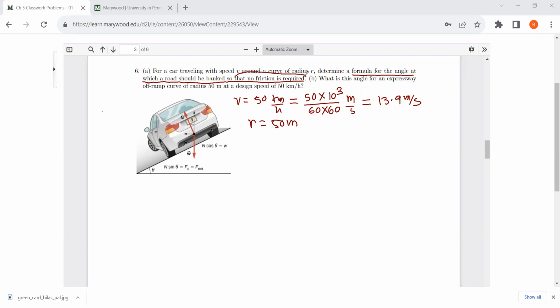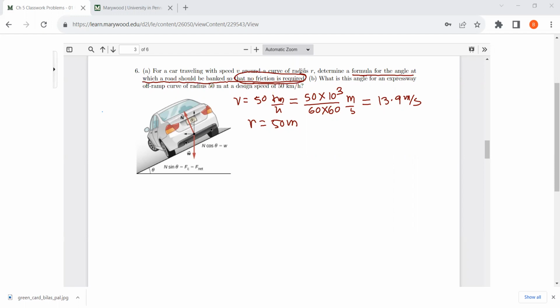Even with no static friction, we know from the theory class that for some condition the car will stay in the circular portion of the highway curve.